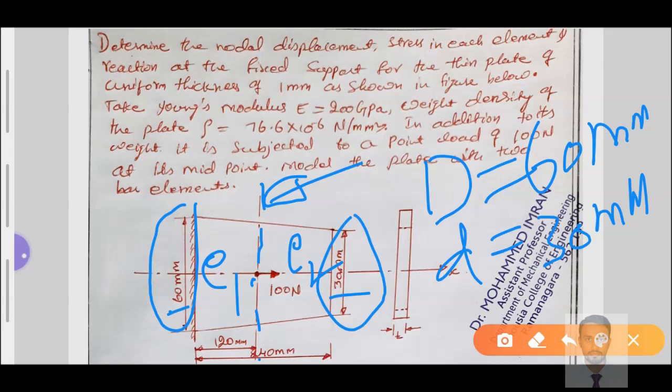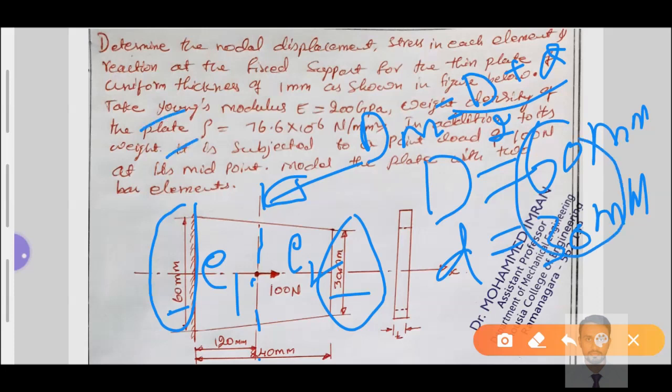So what is the mean value of this one? D mean is equal to D plus small d divided by 2. We add the two values and divide by 2, so we get 90 divided by 2, which is equal to 45 millimeter, that is D mean, right?